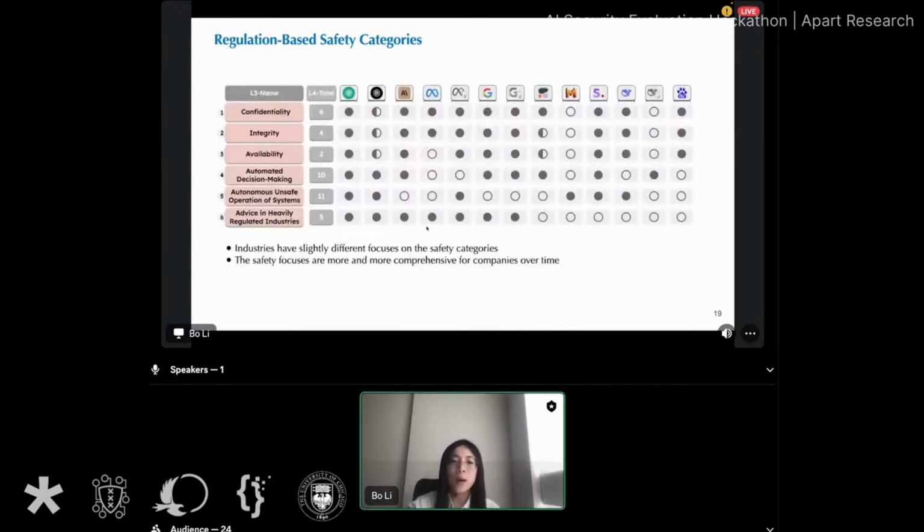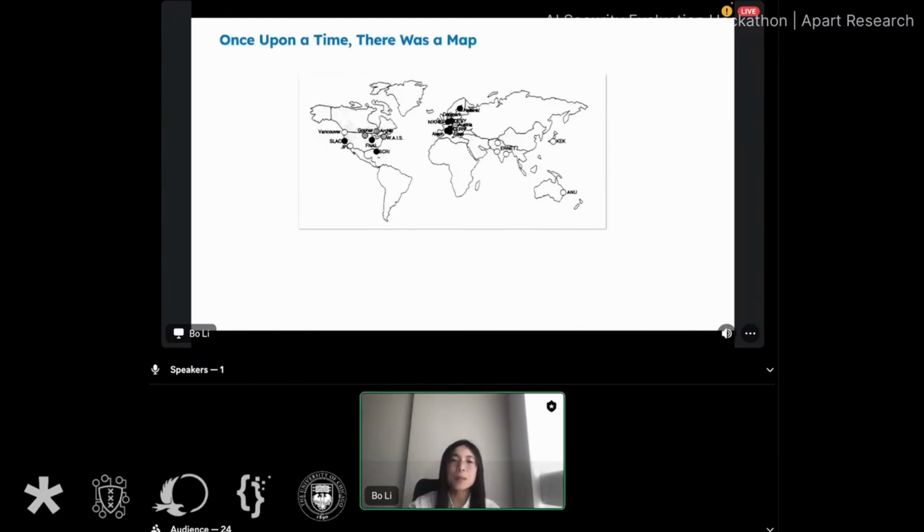We'll also go through different industrial regulations and policies about the models and their platforms, and map the hierarchical safety categories to their policies and see their overlap in terms of focus and understanding. With all this, I believe this will give us better safety category summarization and benchmark generation.